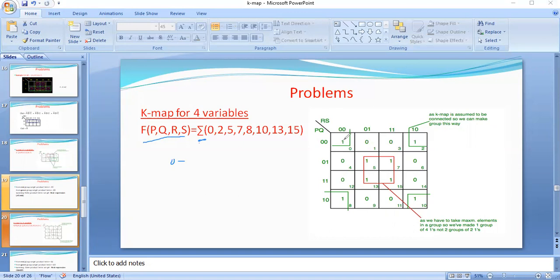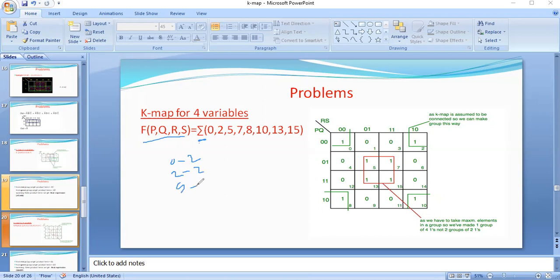But in this problem, for minterm 0, only two numbers are adjacent, that is 2 and 8. The number of adjacencies is 2. For minterm 3, 10 is adjacent and 0 is adjacent, so the number of adjacencies is 2.